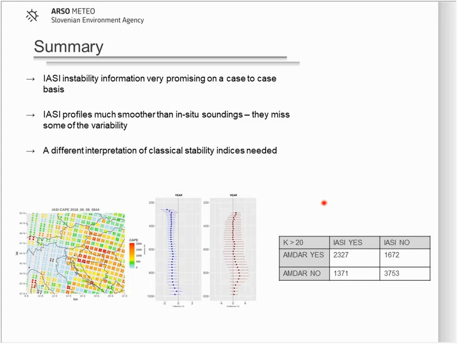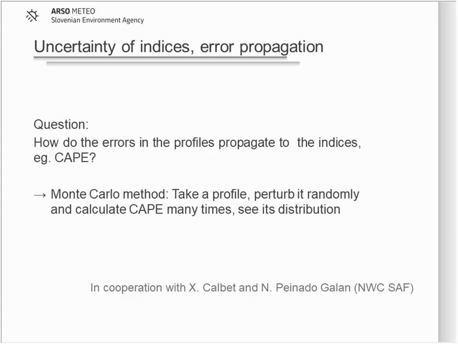Now I'm going to move to the other part. And here we have it. Now I'm going to use the case. And we had a question: if we know that we have errors in our retrieved profiles, how do they propagate to the calculated stability indices? And for that, we use the Monte Carlo method.